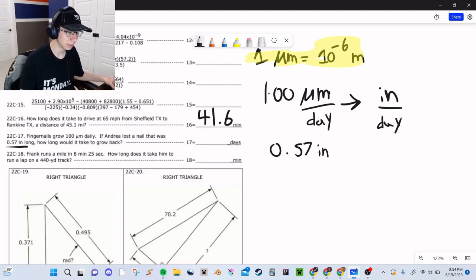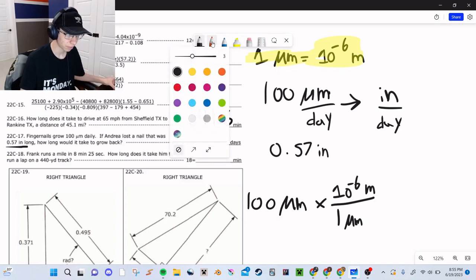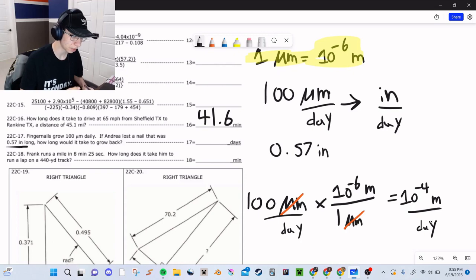And so the way I'd go about doing that is I have 100 micrometers, which, like I said here in this yellow highlighted part, we're told that 1 micrometer is equal to 10 to the negative 6 meters. So these units of micrometer cancel out, and we're left with 10 to the negative 4 meters. Right? That's this per day. So 10 to the negative 4 meters per day is our rate.